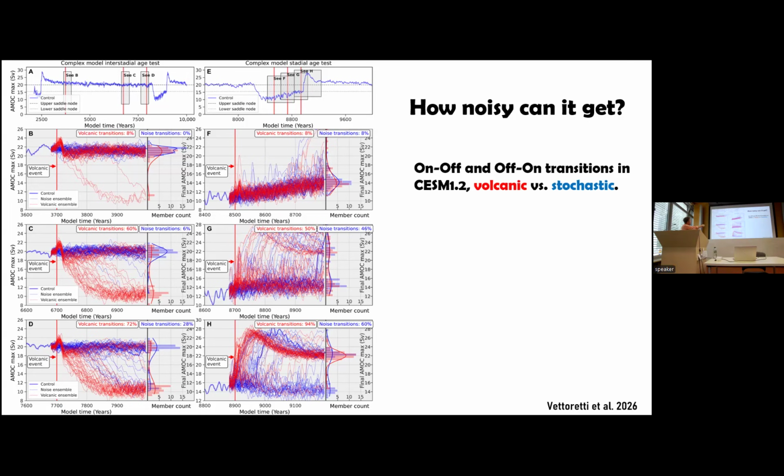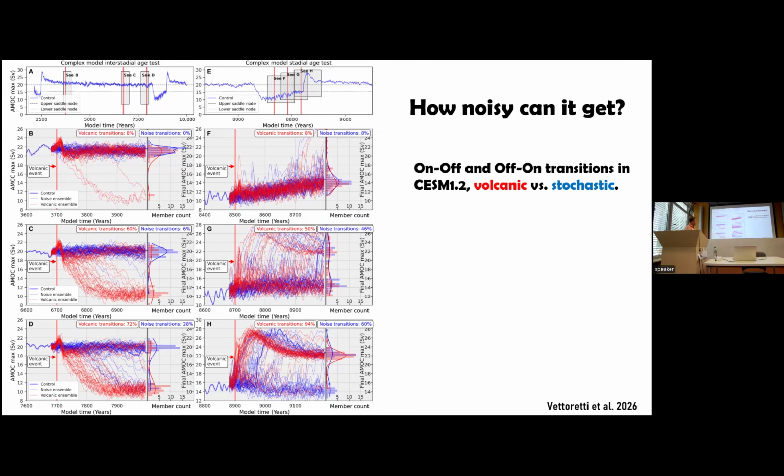If you do this here, here, and here, you see the closer you are to a transition, the more likely it becomes that the transitions are caused by noise. But most of the transitions happen deterministically, whereas, as we saw before with our emulator, you also see that here we have a lot of noise-induced transitions.